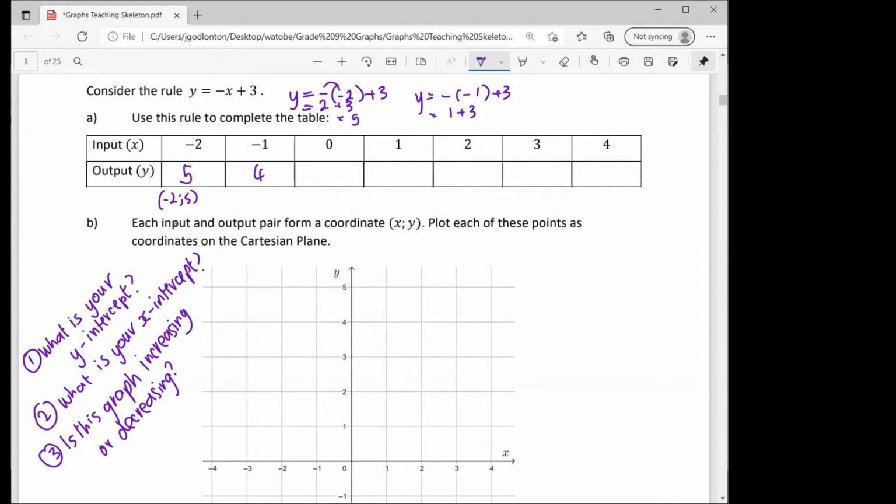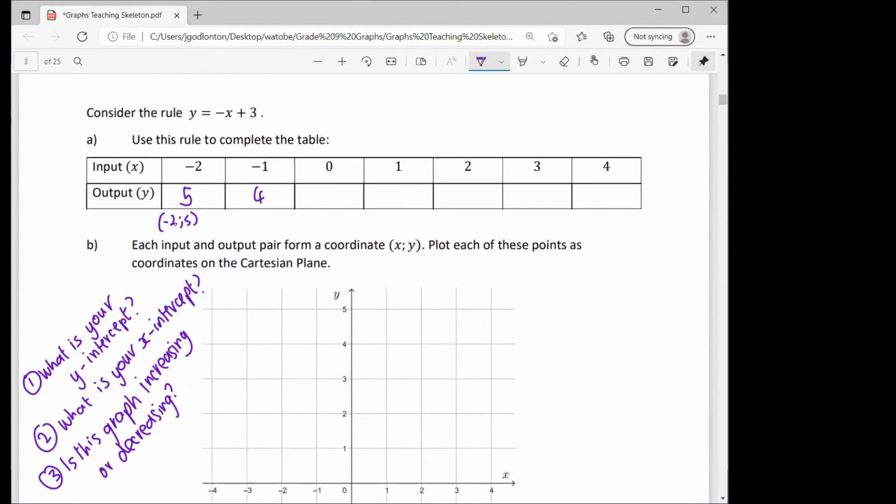Can I have a -0? What happens over here? If I have y equals -0 plus 3, can I have a -0? I can't, it's just 0. And so I'm just going to have a 0 plus 3, which is 3. Nice.